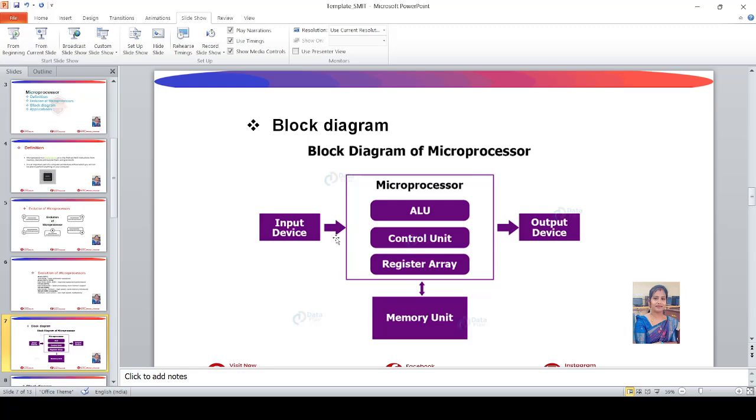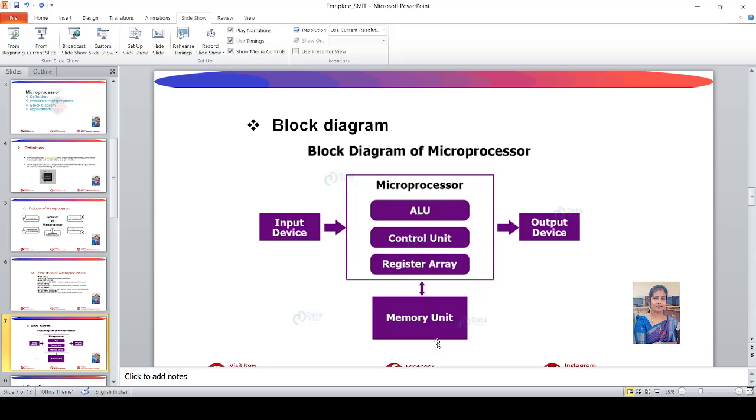We can call them A, B, C, D, E, F, G, H, like that. Here A is the accumulator. They may be 8-bit registers or 16-bit registers, right? So this is the block diagram of a microprocessor. It consists of an input device, an output device and the microprocessor.